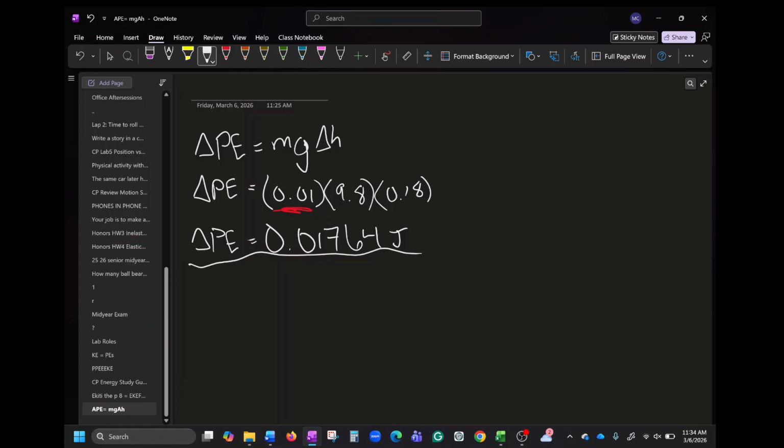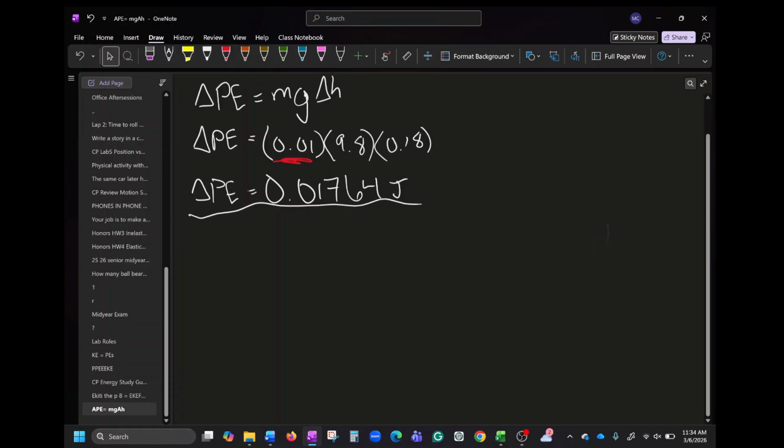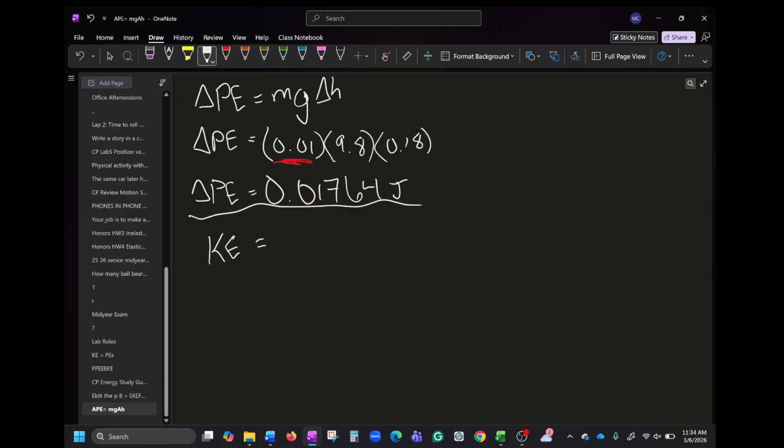Now, to get the velocity, this actually comes from the fact that this system is a conservation of energy system, and we're looking at how the kinetic energy of the ball basically turned into the gravitational potential energy that corresponds to the maximum height of the marble, which is what you determined.